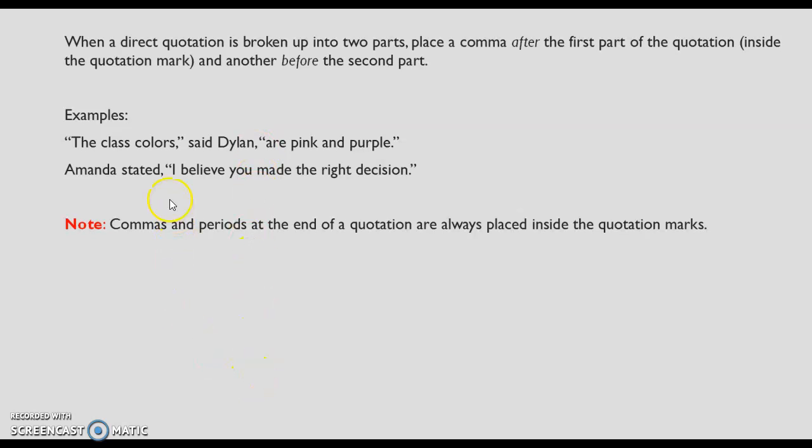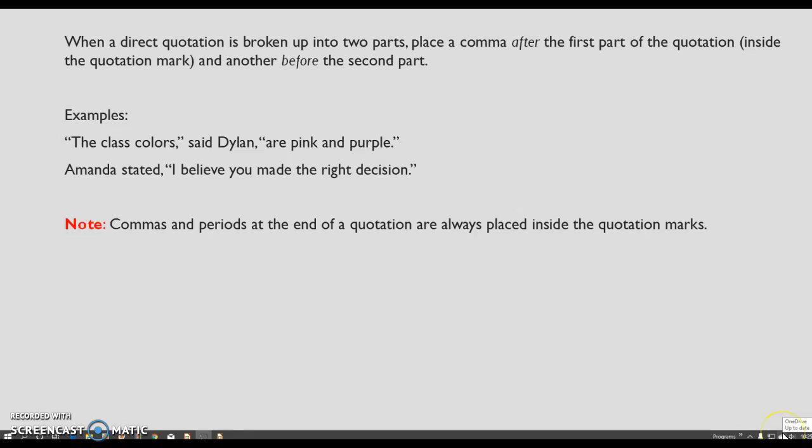Amanda stated, comma before, "I believe you made the right decision." Note, commas and periods at the end of a quotation are always placed inside of quotation marks. Remember, this only refers to quotations. Words that are separated or highlighted by quotation marks do not need periods unless they are a complete sentence.